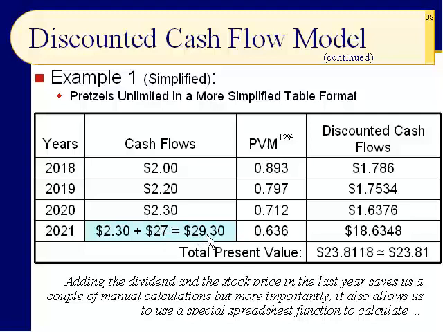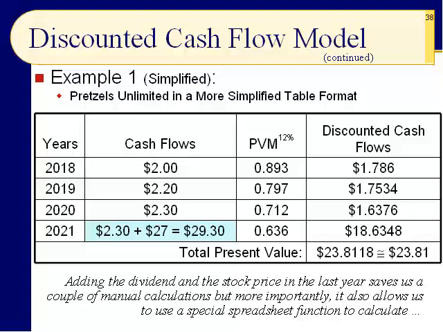That is $29.30, and then we only have to do 4 multiplications for the present value multipliers. The present value multiplier for year number 1, year number 2, year number 3, year number 4. And we get the same $23.81.